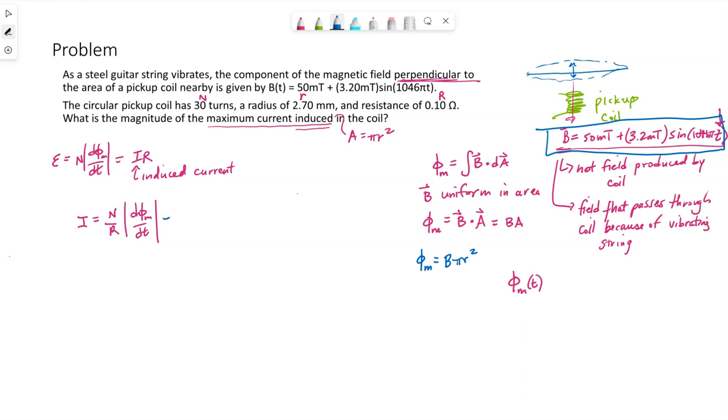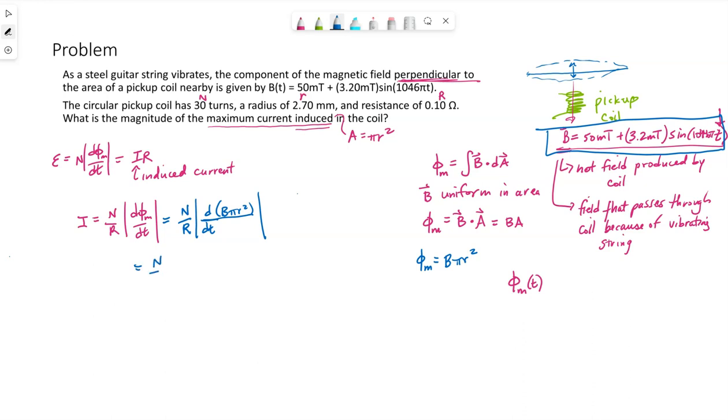If I come back to my Faraday's law and Ohm's law combined over here on the left and put in this flux, B times pi r squared, dt, that's what I'm taking the derivative of.